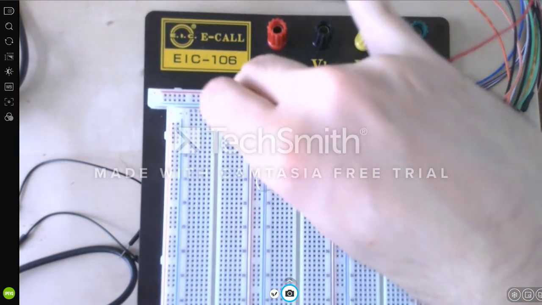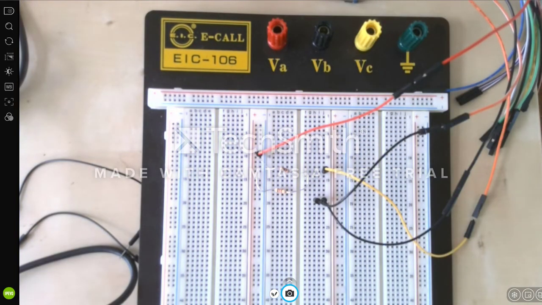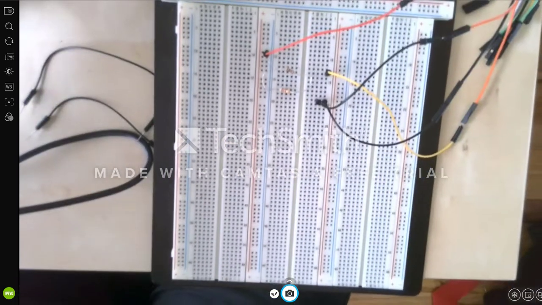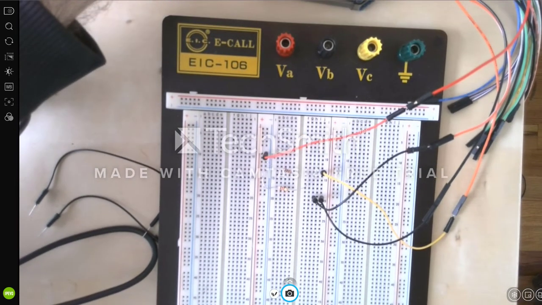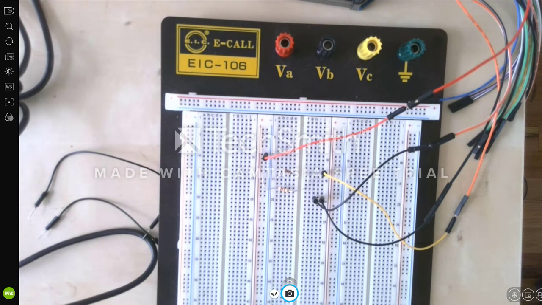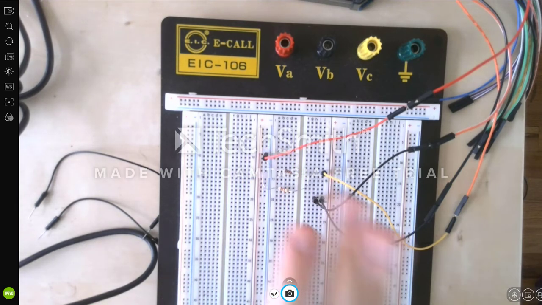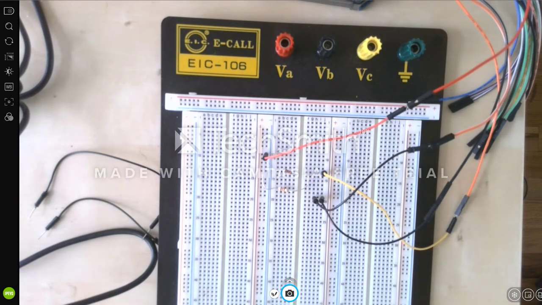We are plugging our DC supply here. I'm not sure why the sharpness of the dock cam is this bad, but anyway. So we have our resistors, our DC supply, our channel and our ground.